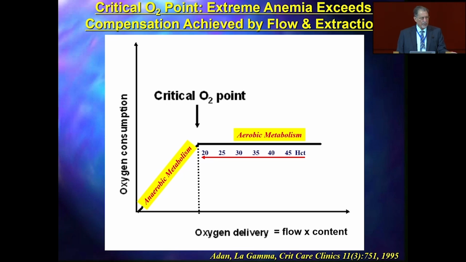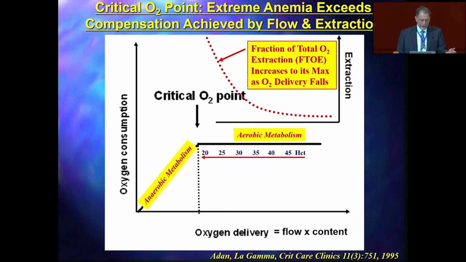And as the hematocrit falls, we don't become lactic acidotic until we reach what is otherwise known as a critical O2 point, because if we keep reducing the hematocrit, just healthy growing patients, and they're very anemic, eventually extraction has to come into play to take care of the amount of oxygen being delivered.